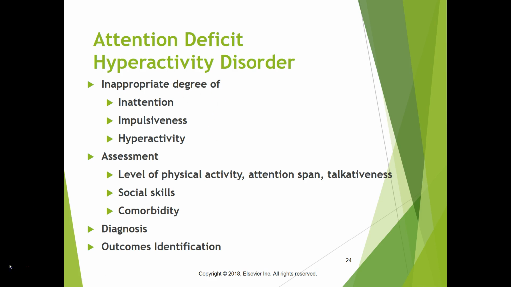For inattention, some of the things that we're looking at is failing to pay close attention to details, making careless mistakes in schoolwork or at home. They miss details, so their work is sometimes inaccurate. They have difficulty sustaining attention in their tasks or even play activities. They don't seem to listen when you speak directly to them.